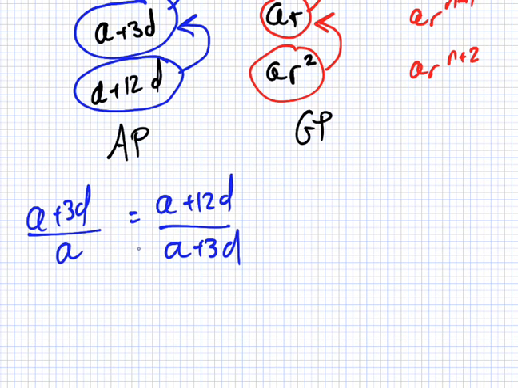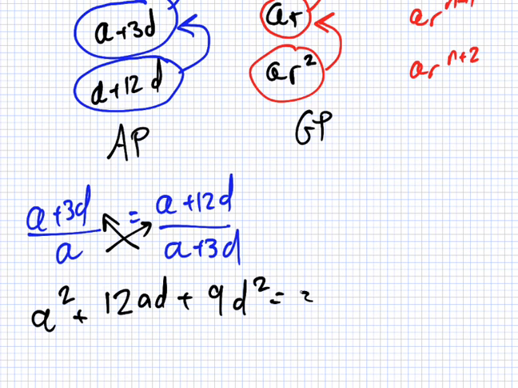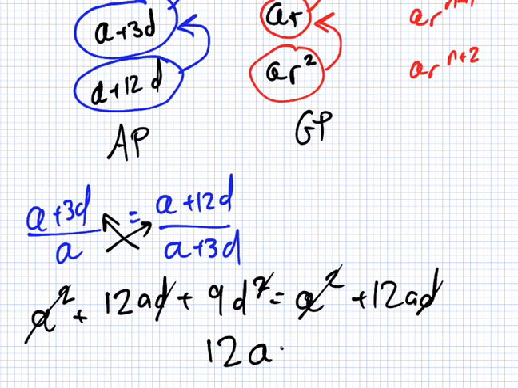If I cross multiply, I'll get A squared plus 12AD plus 9D squared equals A squared plus 12AD. That cancels that. We can cancel a D from everything. And so we get, oh hang on, something went wrong here.